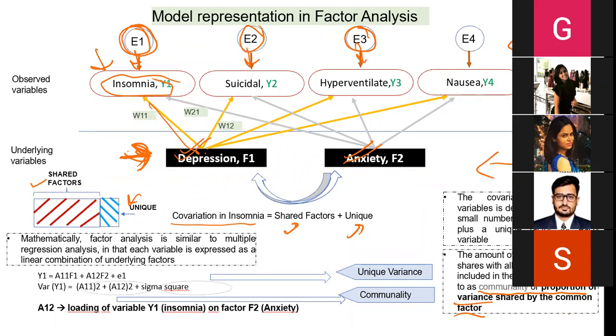Then I discussed communality. Communality is basically the variance. The covariation in insomnia is because of some shared factors, that is depression and anxiety, and some unique factors. And this is called communality. The variation that is because of shared factors is communality.